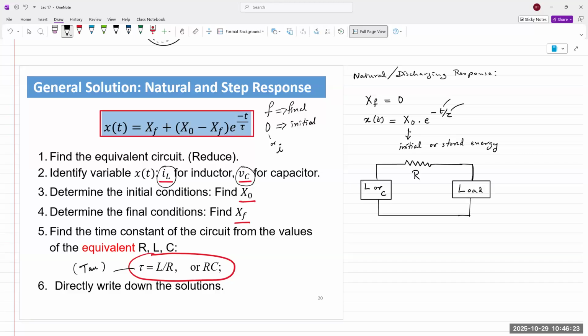The analogy I like to use is we think of the inductor or capacitor as a bucket. You're trying to fill water in this bucket. There is a pipe bringing water to our home, and we're trying to fill this bucket, with the pipe and of course the tap. So the capacitor or the inductor is the bucket.